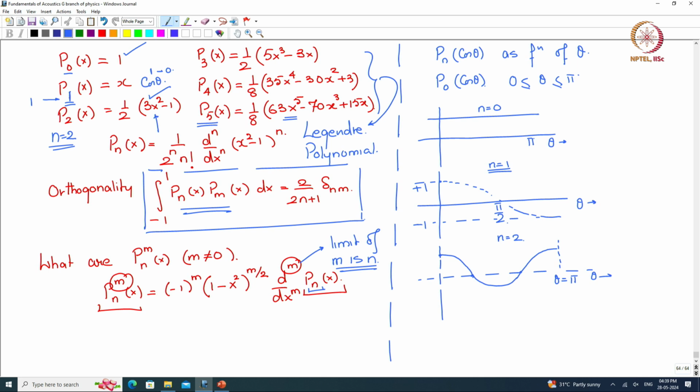Now if I have n equal to 3, then it will start off at 1, come back to a 0, another 0, another 0, and it will go back to minus 1.